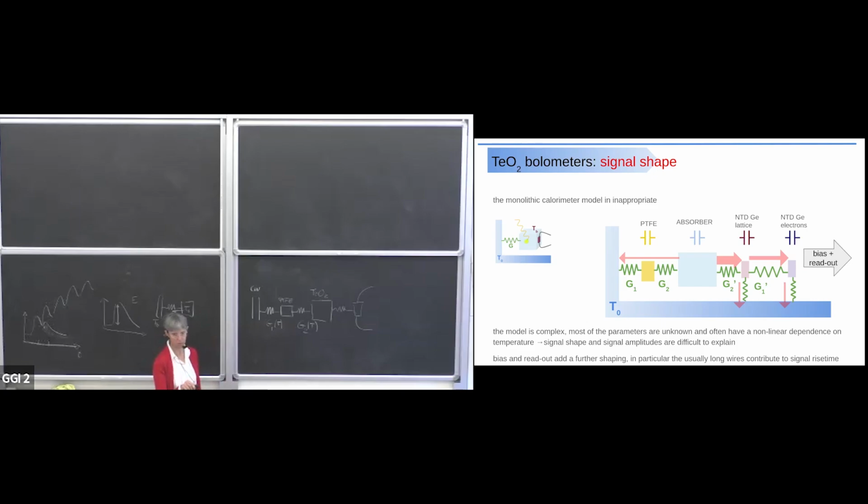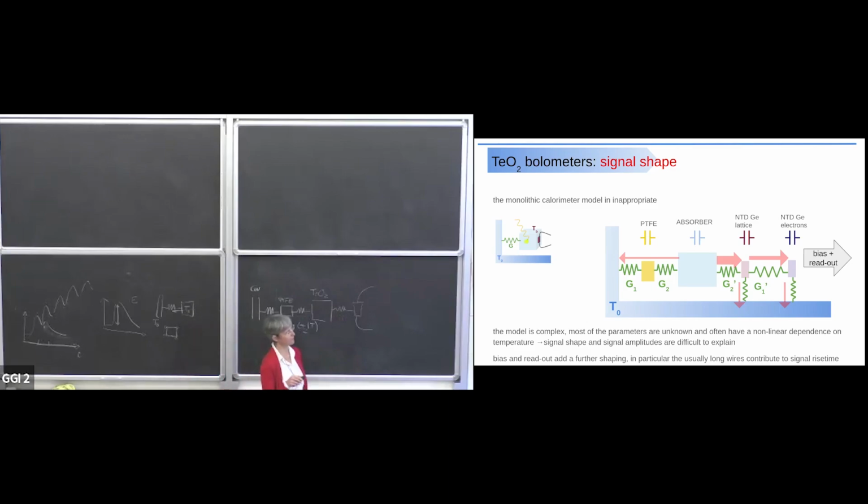This is a semiconductor, as I've told you, but it's doped close to the transition between metal and insulator. And in that case, the electrical conduction happens through a mechanism that is called variable range hopping.